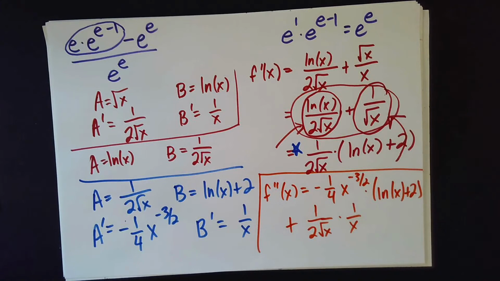And you could try and simplify this, but I would go ahead and plug in whatever you're asked to plug in before simplifying it, just to make life easier. It's e to the 4th is what they asked for.